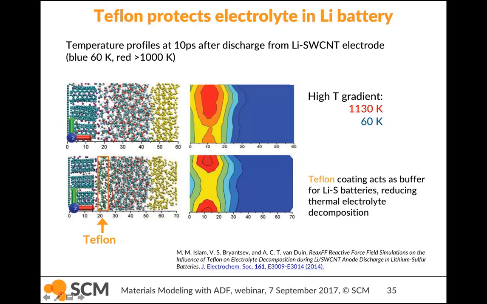So the lithium atoms are slowed down until they reach a temperature of a couple of hundred Kelvin, and then they're cool enough that they can move through the electrolyte to the sulfur anode without actually breaking your electrolyte. So that's a good thing. That's using ReaxFF to get insight in how you can protect your electrolyte by slowing down your lithium atoms with a protective layer.